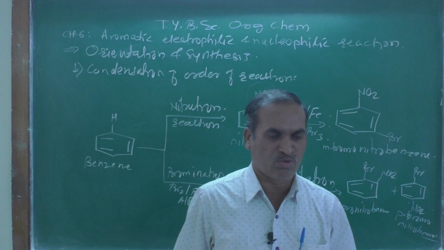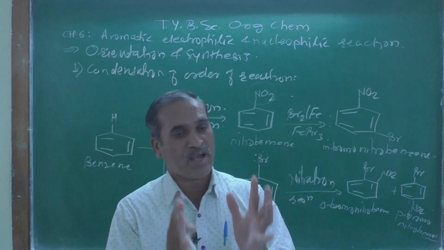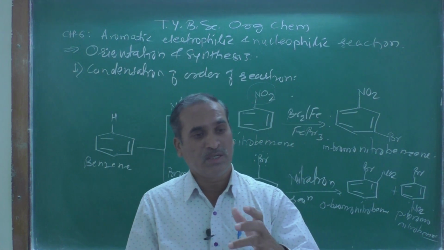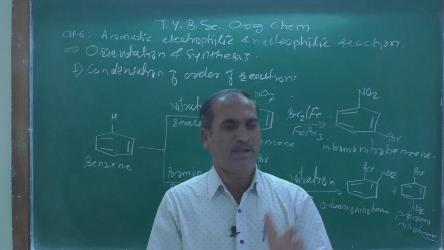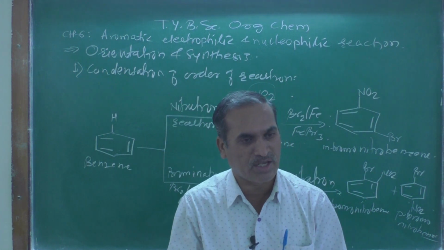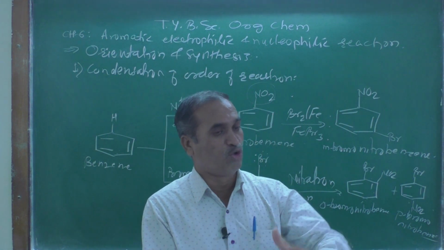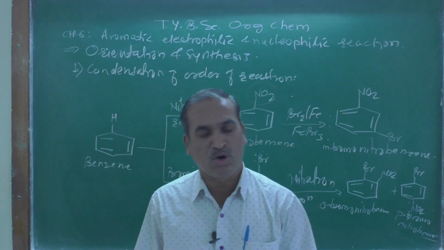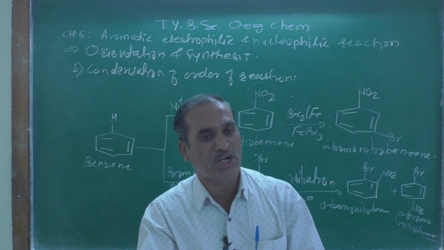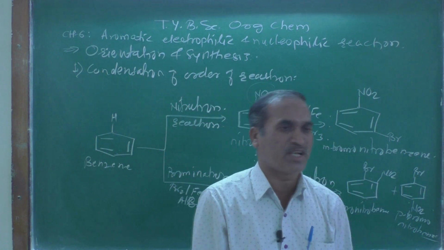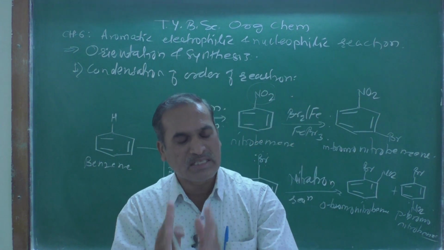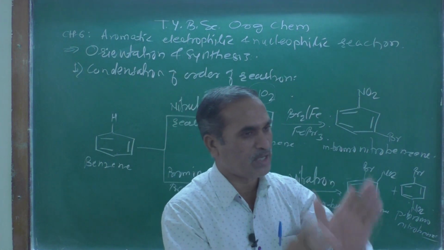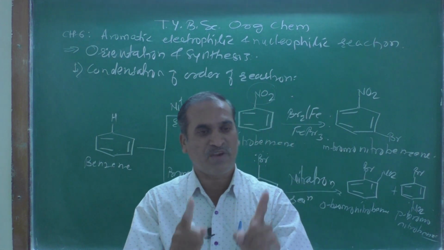What does fractional crystallization mean, and what does fractional distillation mean? Fractional crystallization depends upon solubility, and generally the para molecule is symmetrical, so its solubility is less compared to the ortho, and therefore it solidifies and crystallizes first.